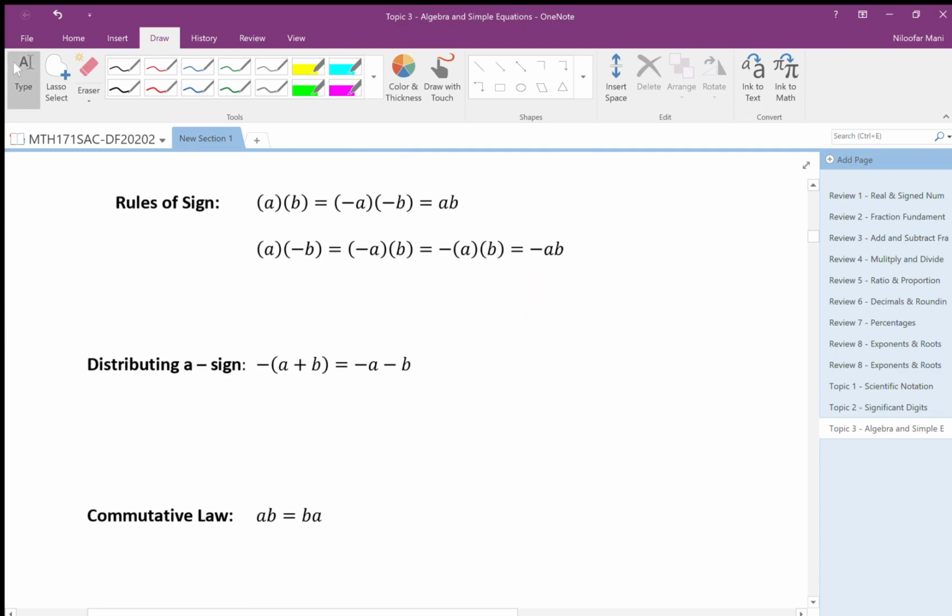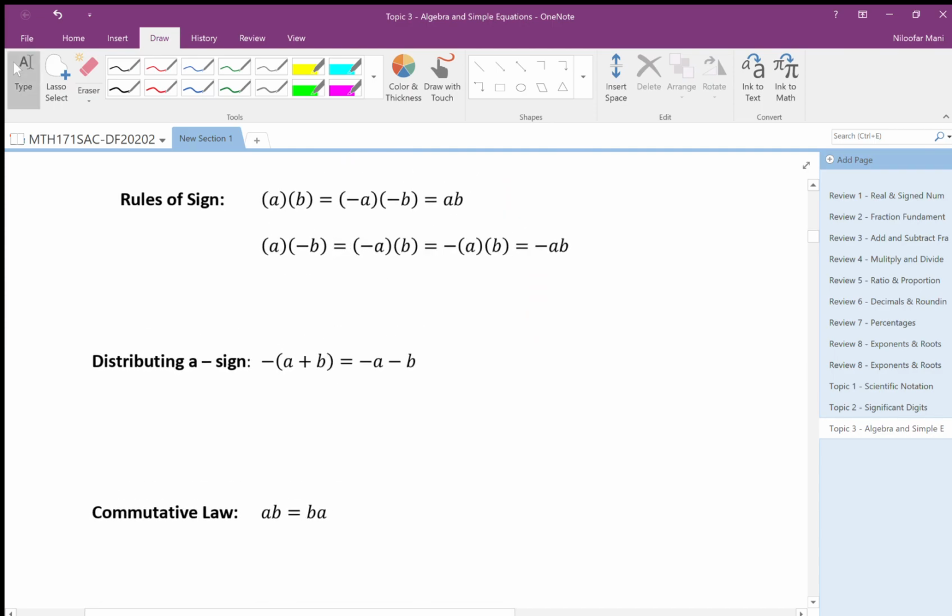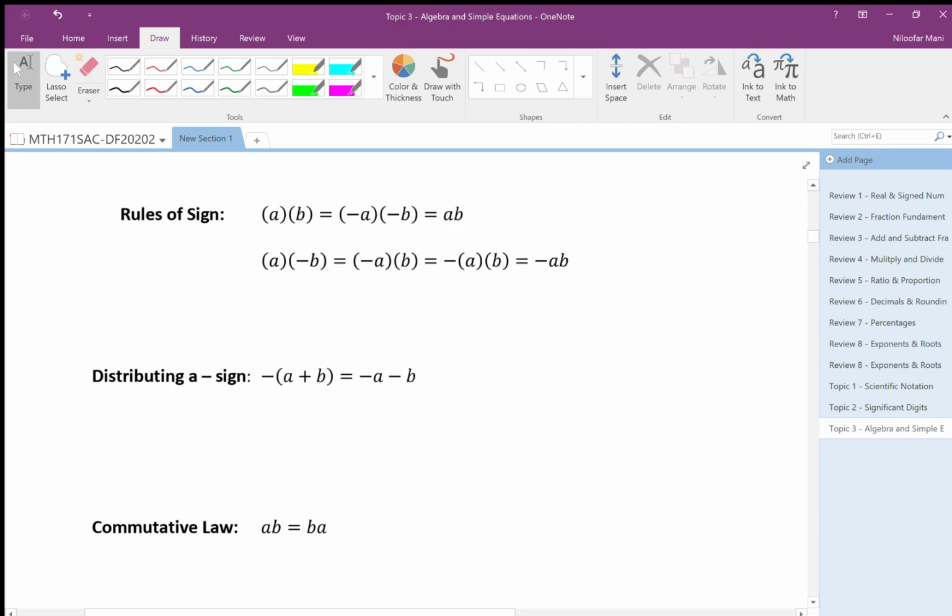Also, there are some rules of sign, some rules of distribution and commutative laws. I want to emphasize them again. If I have two positives or two negatives, the result is positive. Or I can say, if I have an even number of negatives, because I don't know about A and B, maybe A and B are not positive.